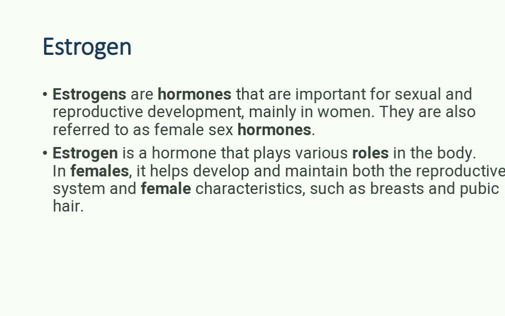Estrogens are hormones that are important for sexual and reproductive development, mainly in women. They are also referred to as female sex hormones. Estrogen plays various roles in the body. In a female, it helps in development and maintenance of the reproductive system and the female characteristics such as breast and pubic hair.